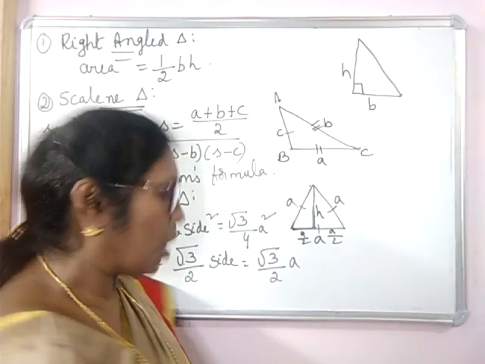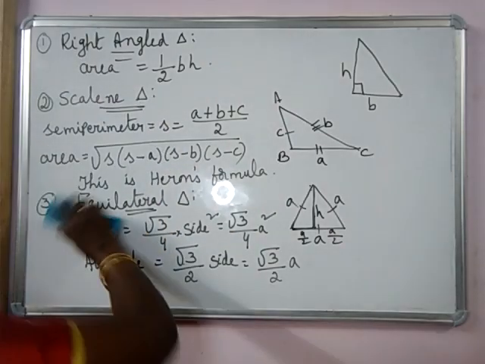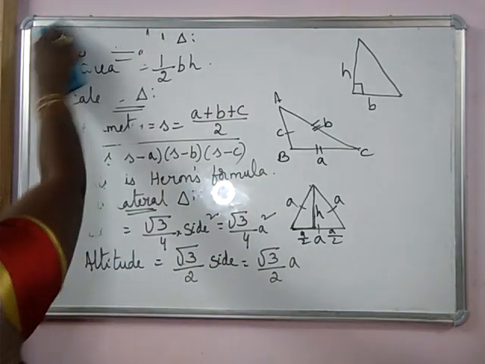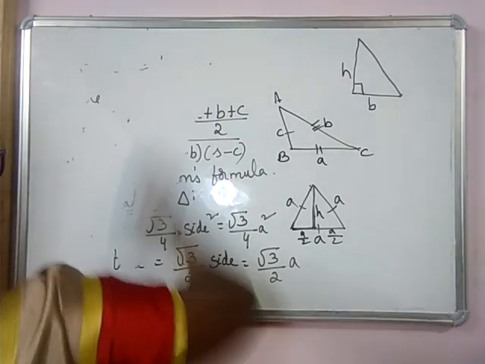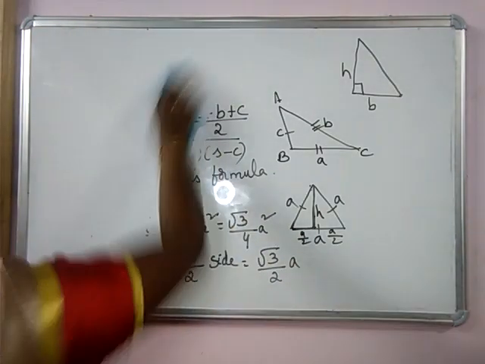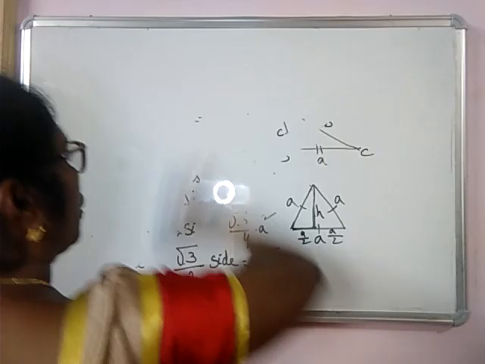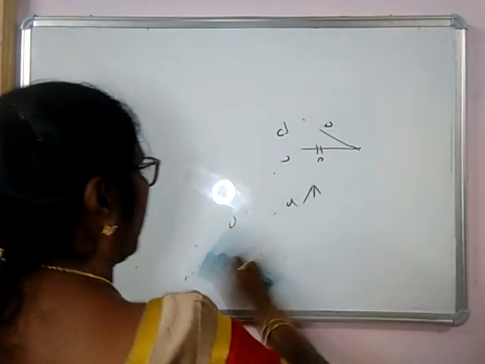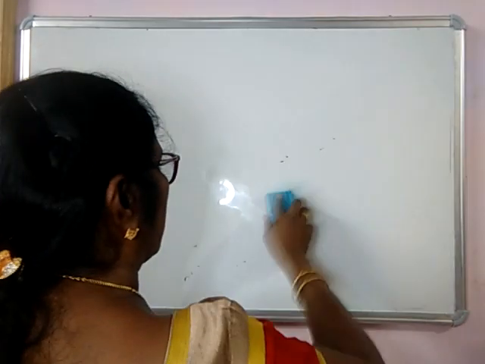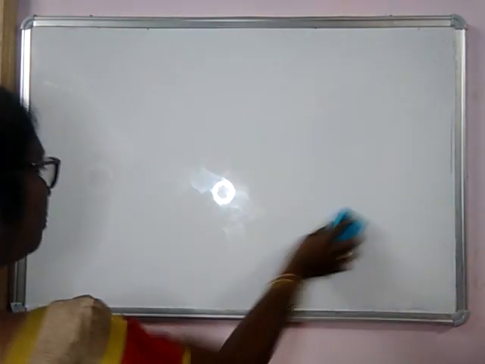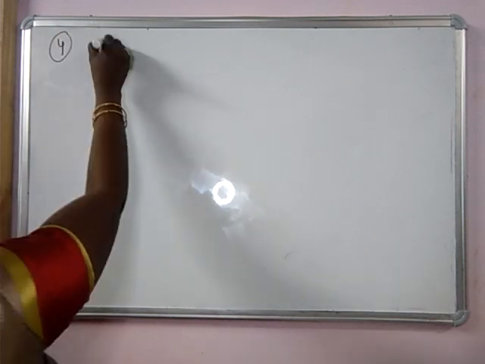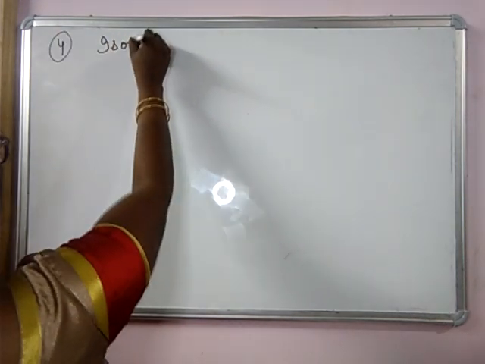Okay. Now only one more formula is left to learn, that is how to find the area of an isosceles triangle. You know that a triangle in which two sides are equal is an isosceles triangle. Let me explain now. The fourth variety is the isosceles triangle.